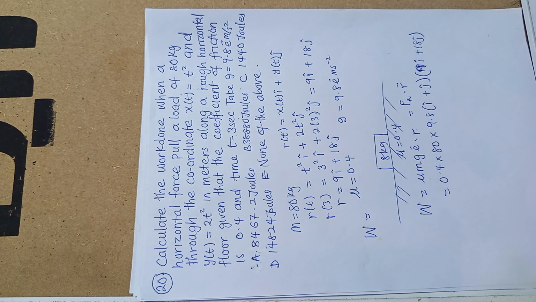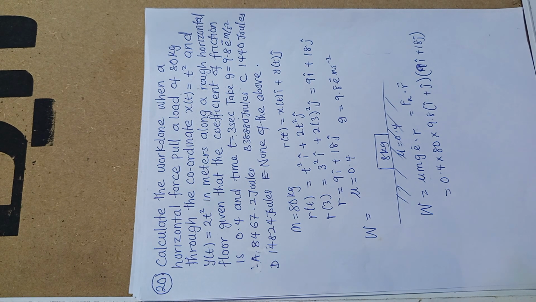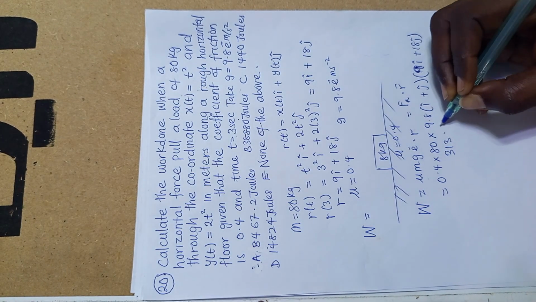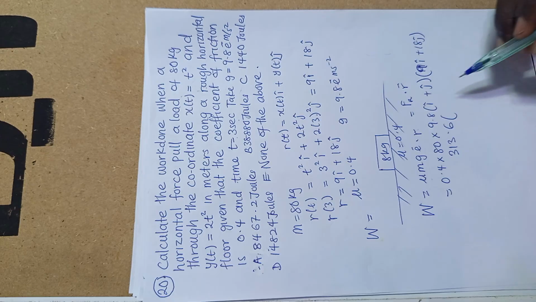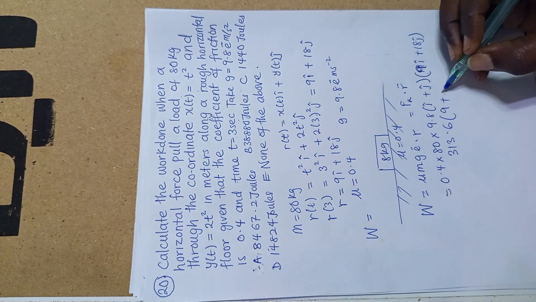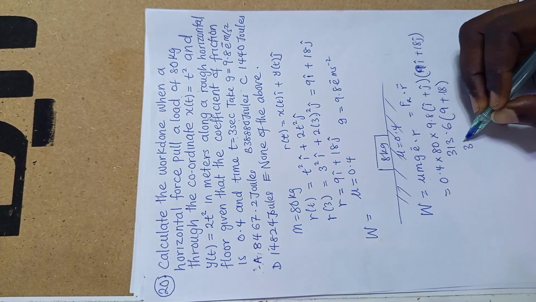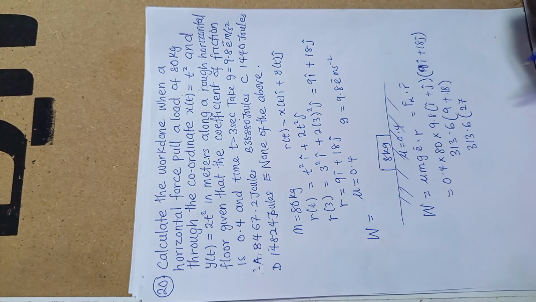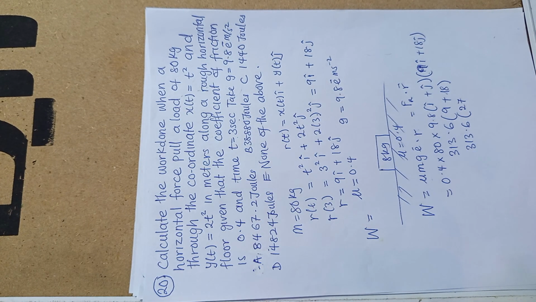So 0.4 times 80 times 9.8 will give us 313.6, into bracket, then multiplied, we would have 9 plus 18. So 313.6 times 27, because 9 plus 18 is 27.